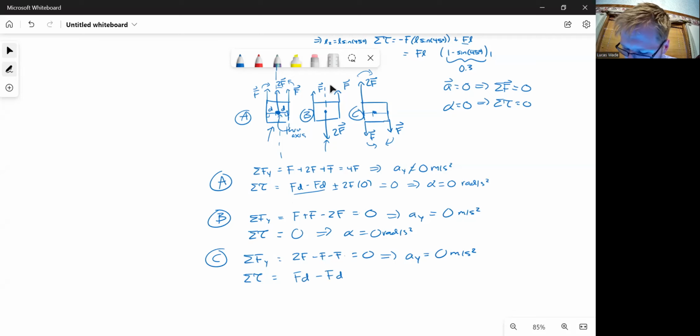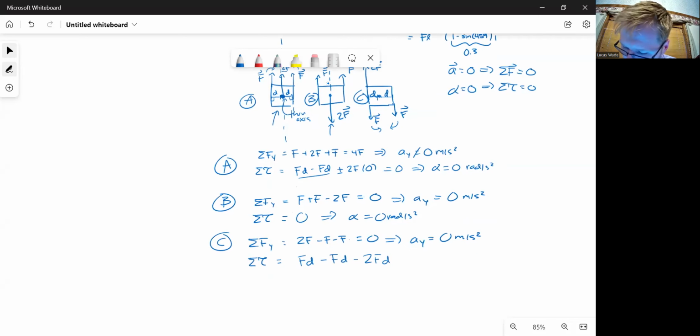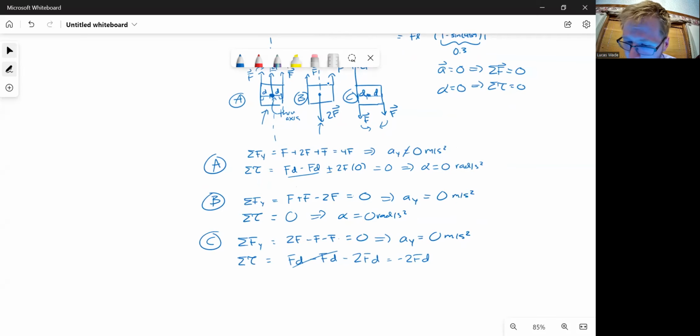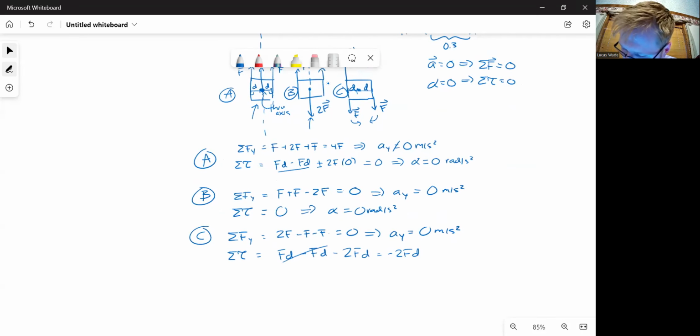And then we've got a clockwise torque up top, so that's negative 2F, also times that distance, whatever that distance is. These two balance each other, but we're left with a net torque of negative 2FD. The negative is telling us that it is a net clockwise torque. So angular acceleration does not equal 0 radians per second squared.